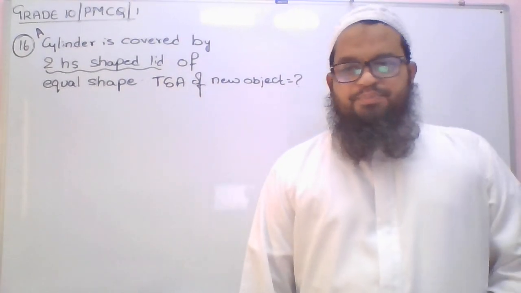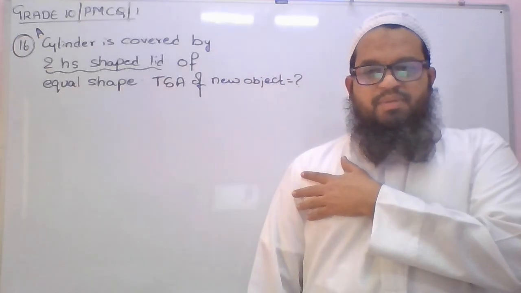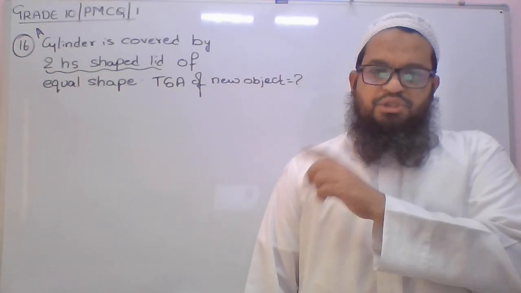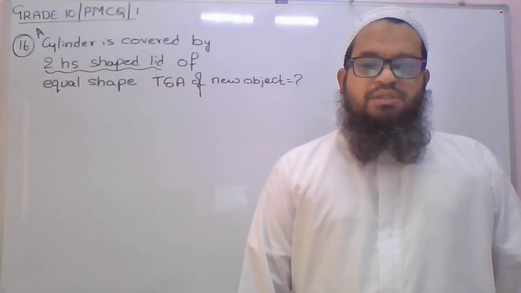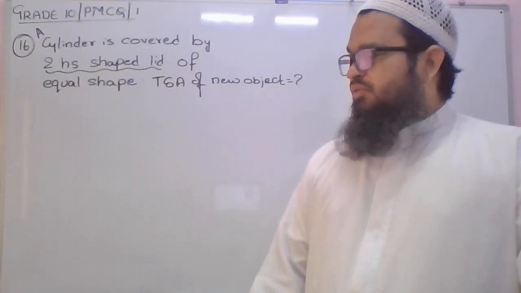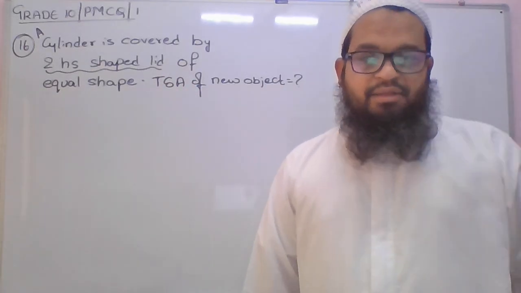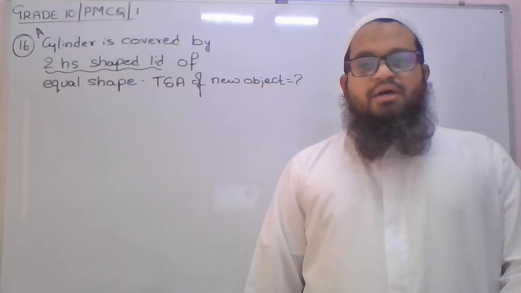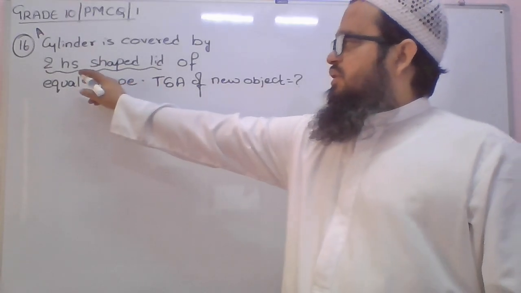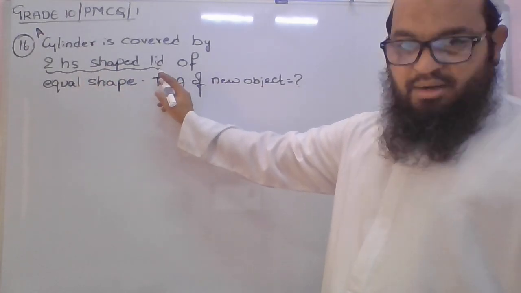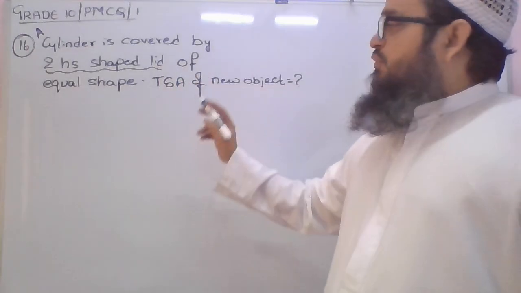See, in this question, a cylinder is covered by two hemisphere shaped lids of equal shape. Find the total surface area of the new object. So if you read it like this, you will not understand anything. A cylinder is covered by, actually it is a phrase, two hemisphere shaped lids of equal shape.